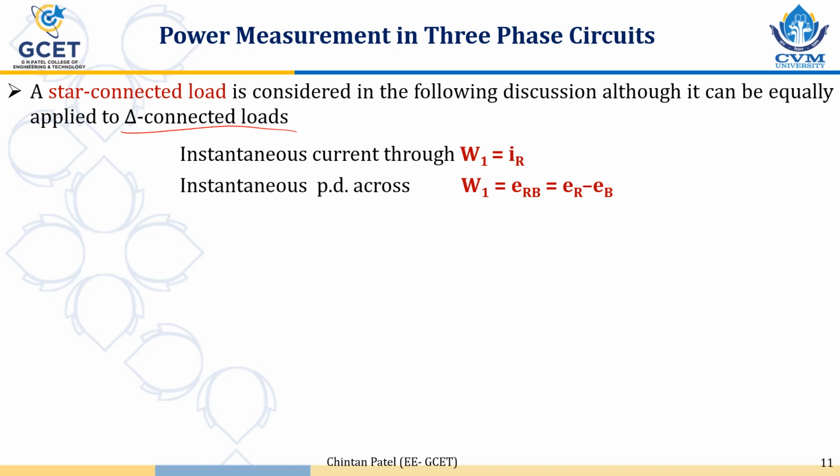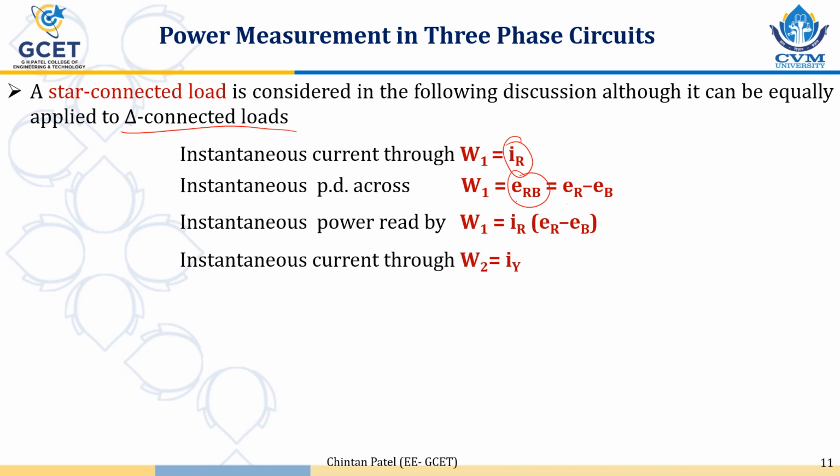Instantaneous potential difference or voltage across W1 is ERB. It is nothing but ER minus EB. Similarly, instantaneous power measured by W1 is the product of voltage and current. So it is IR into ERB, and ERB is nothing but ER minus EB.